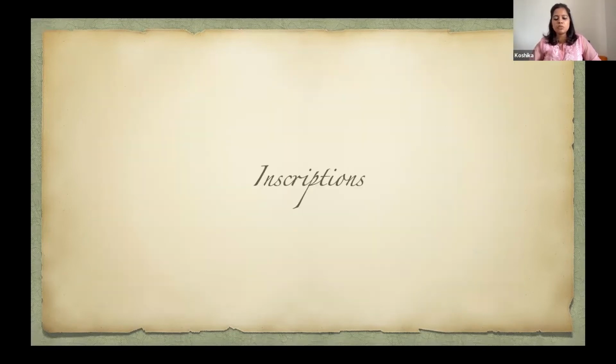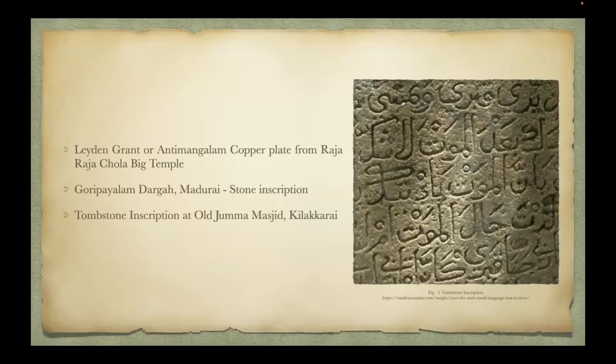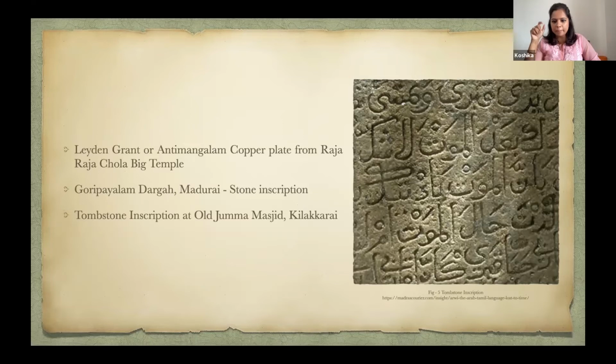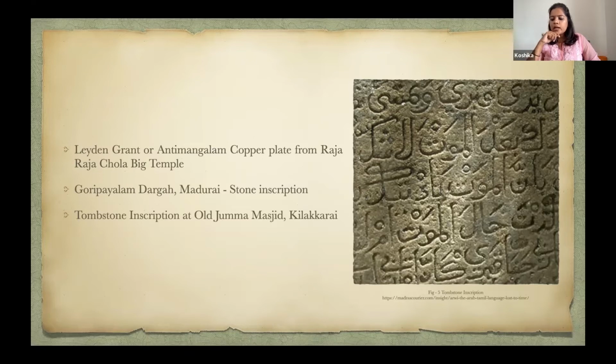Next, we move on to the inscription evidence that we have about these Tamil Muslims. First is the Leiden Grant or the Anbil copper plate from the Rajaraja Chola temple, which talks about a signature by a person called Abu Zayd al-Hassan. He has signed in a court order or something.